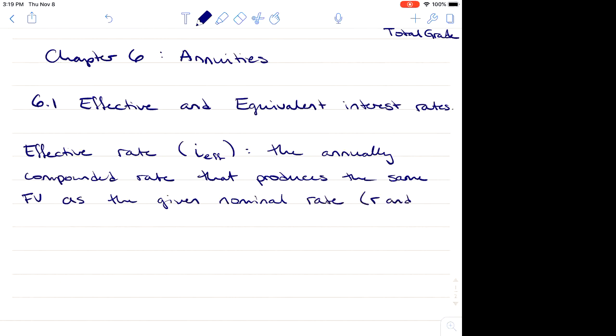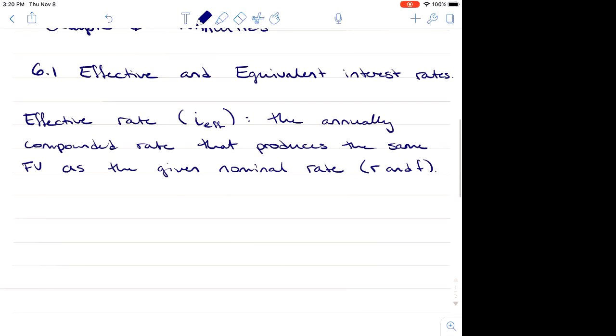Meaning R and F. So I've been giving you 6% compounded weekly. What is 6% compounded weekly? The effective rate would give you that as an annual compounding. On our formula sheet, we're going to plug away at these formulas. That's how this class goes. In the beginning, we have to introduce all these formulas, and then we're able to work through and plug through examples.